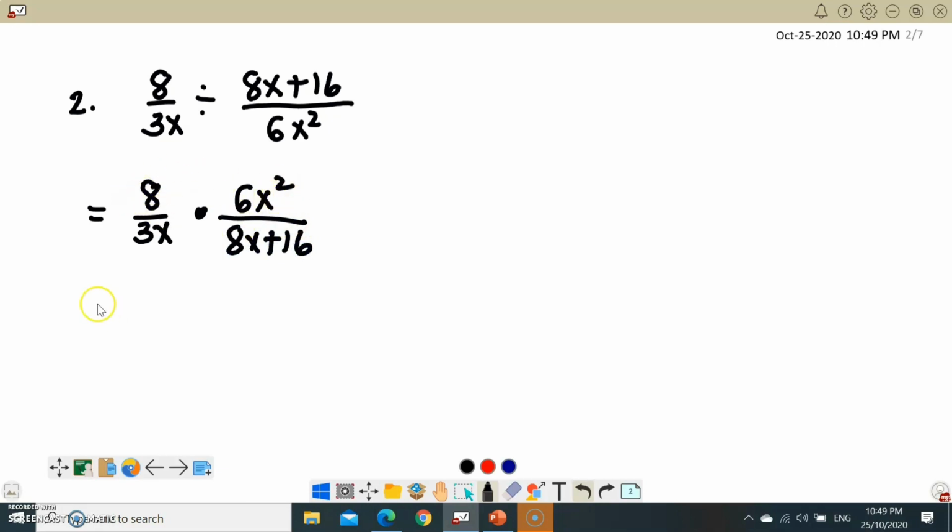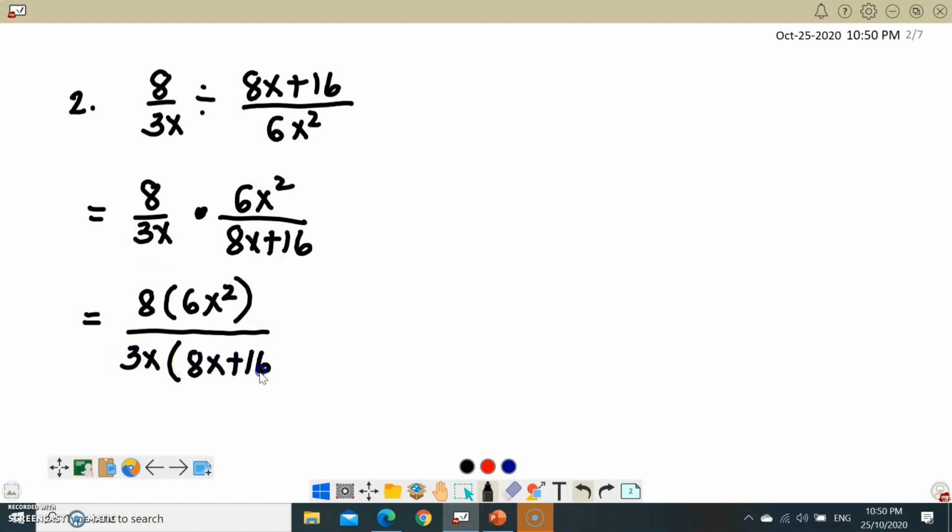So we multiply the numerators. We now have 8 multiplied by 6x squared, over multiply the denominators, 3x multiplied by 8x plus 16. Then we simplify.